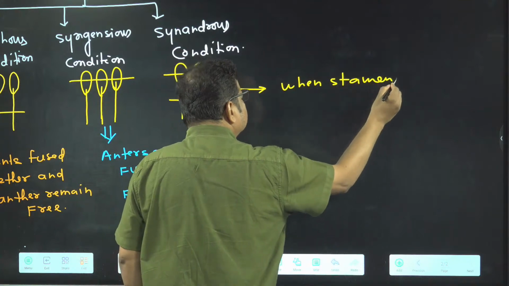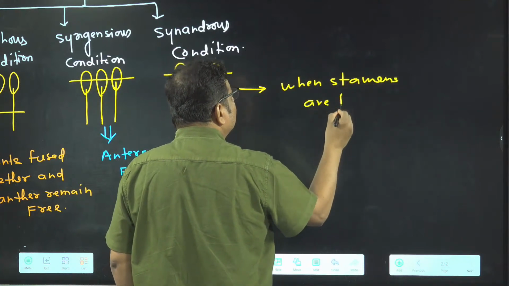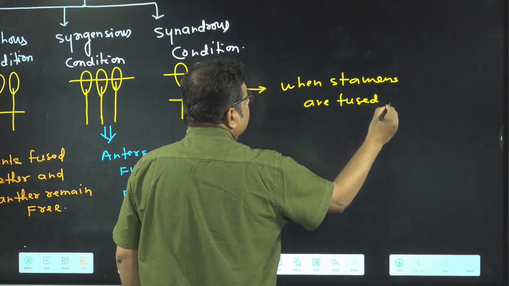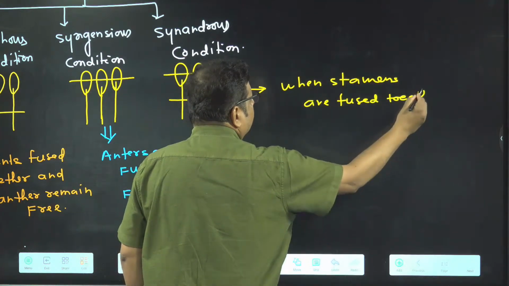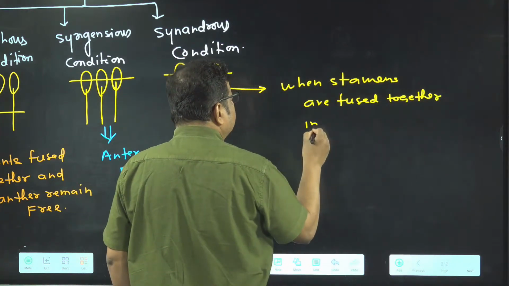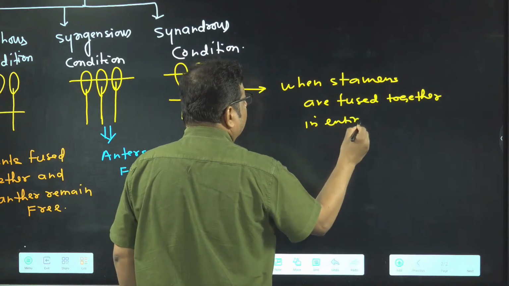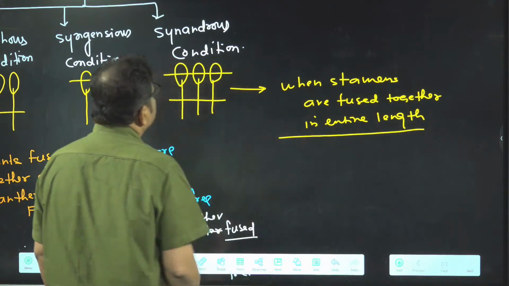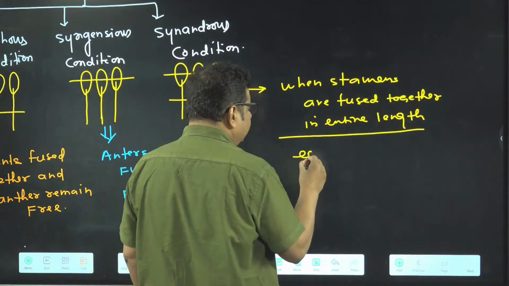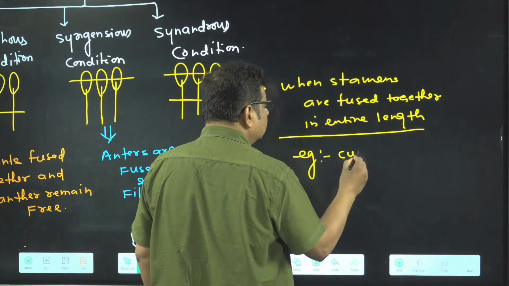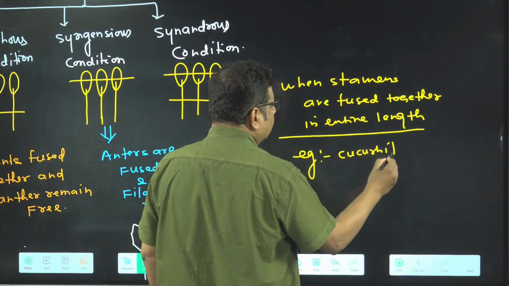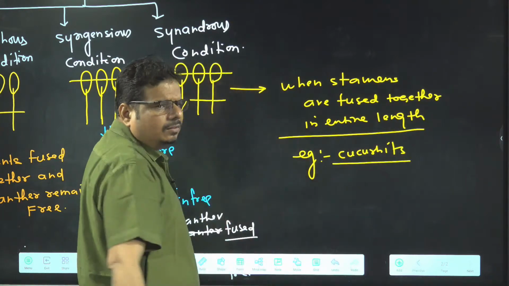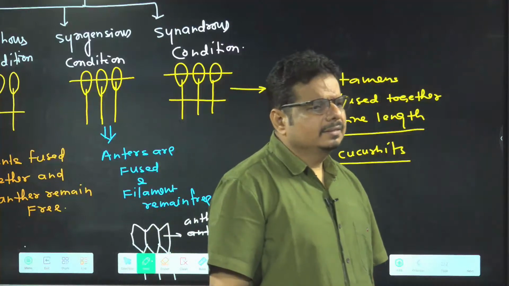When stamens are fused together in entire length, that is called synandrous condition. And here the example is which one? Cucurbits. Getting the things? Is it clear?